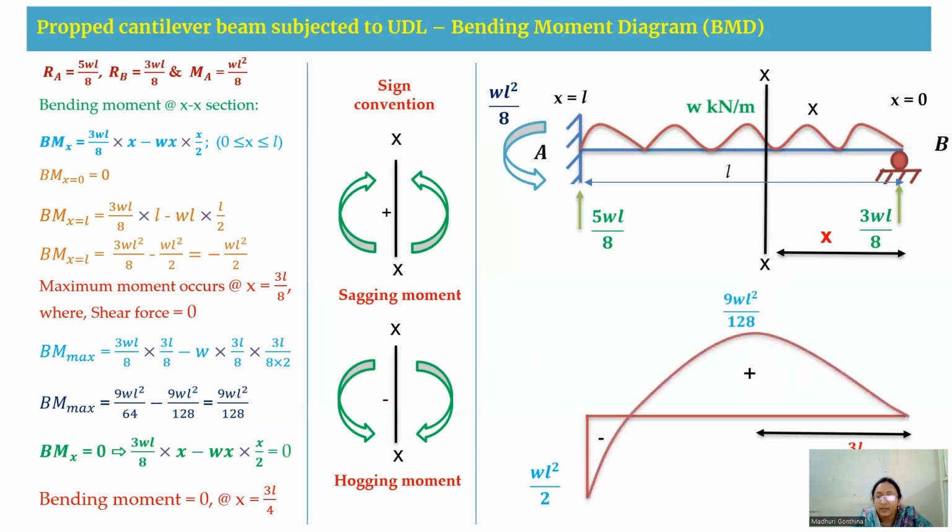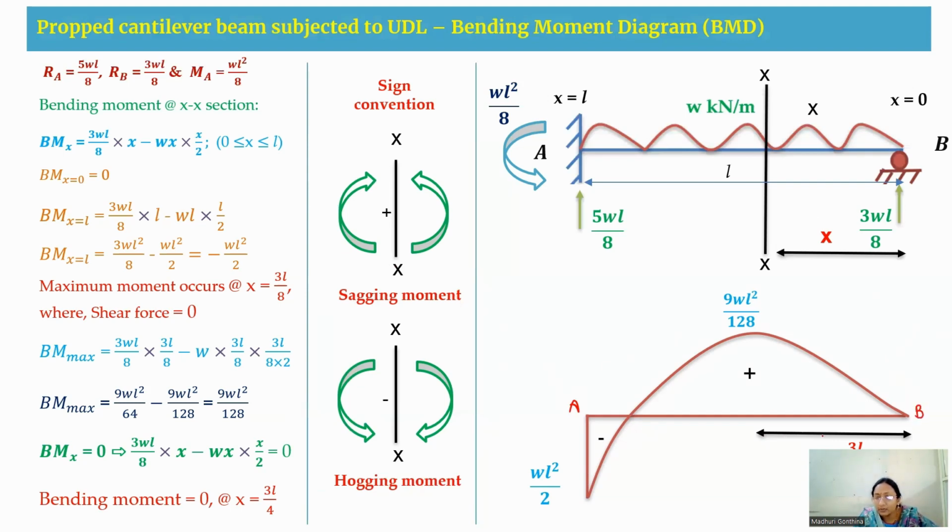Again, at x equal to 3L by 4, I am having the moment to be 0. So this is x equal to 3L by 4. So you can just see here, this is A support and this is B support.